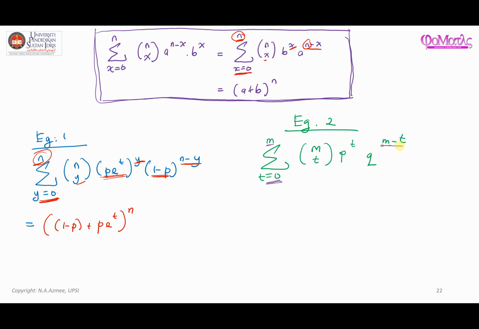Over here we have m minus t and t, and right here is the process of choosing t out of m and so on. So p to the t, q to the power of m minus t. Therefore, the result of this is equal to (q plus p) to the power of m.